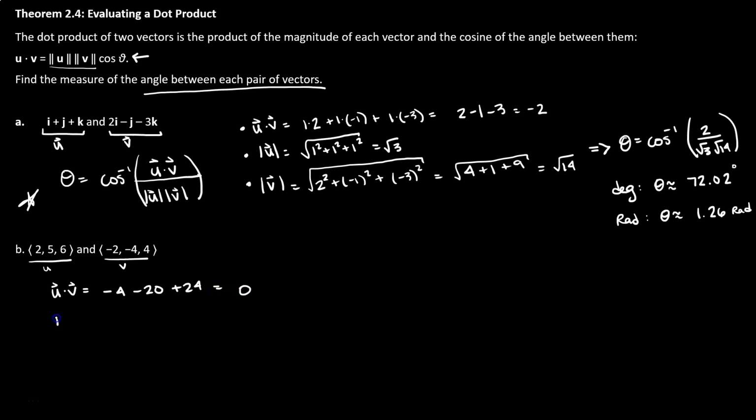And then I can do the magnitude of u, which would be 2 squared plus 5 squared plus 6 squared, square root that. Get square root 65. And we'll calculate magnitude v.